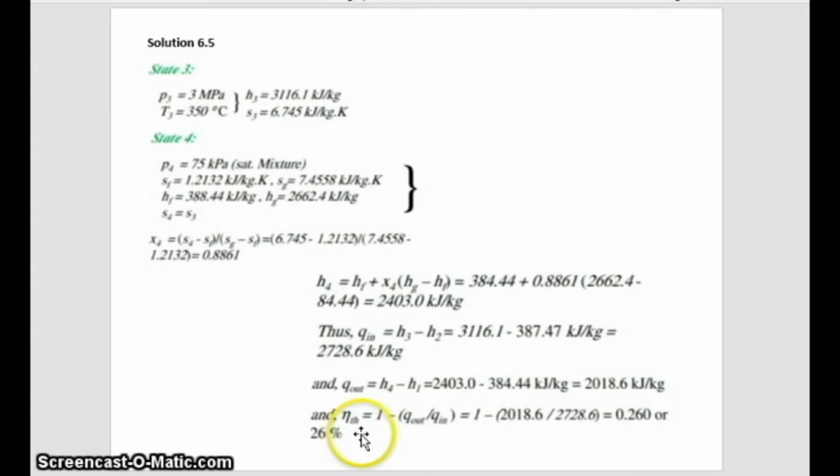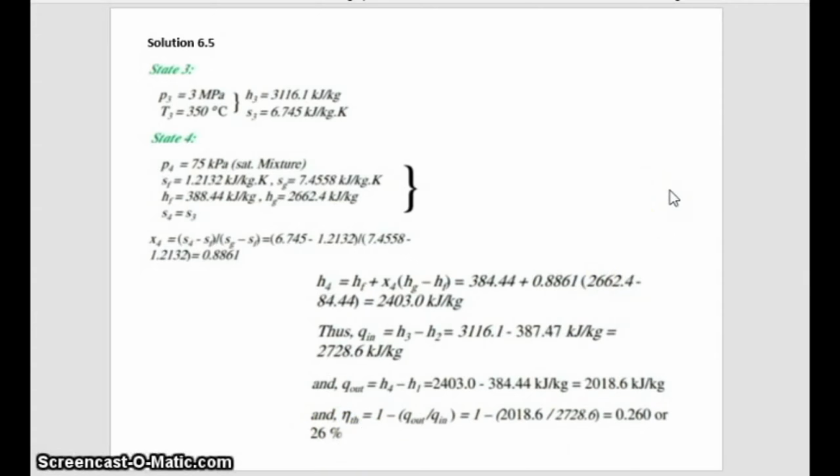From there, the thermal efficiency of the ideal simple Rankine cycle is based on the formula Wnet over Qin, or simplified, thermal efficiency is 1 minus Qout over Qin. All the values put into the equations will give the final answer of 26% thermal efficiency.